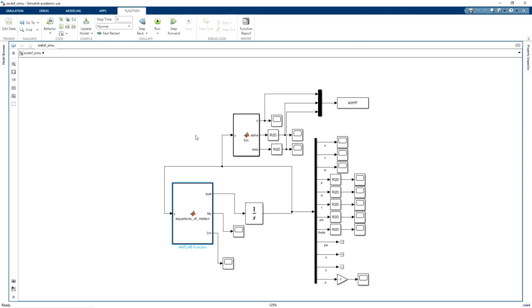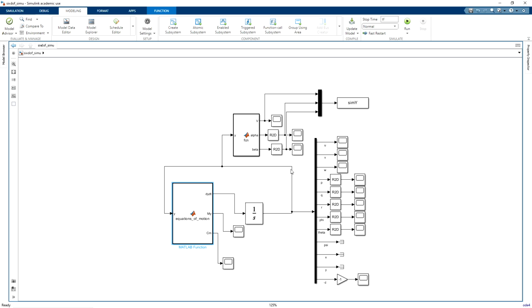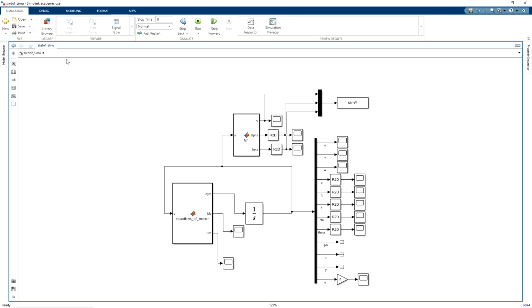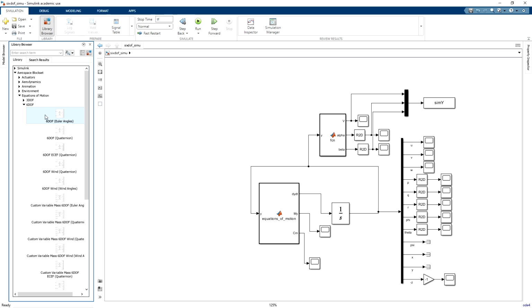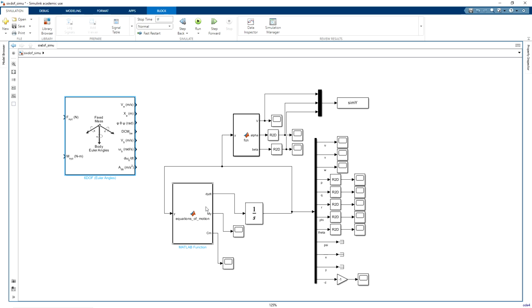All right. So now we have done simulation for aircraft 6 DOF both in MATLAB and in Simulink. Now the last one left is the Simulink 6 DOF block. So that we can get from here, 6 DOF block. Now let me go back to the 6 DOF equations that we have seen earlier.